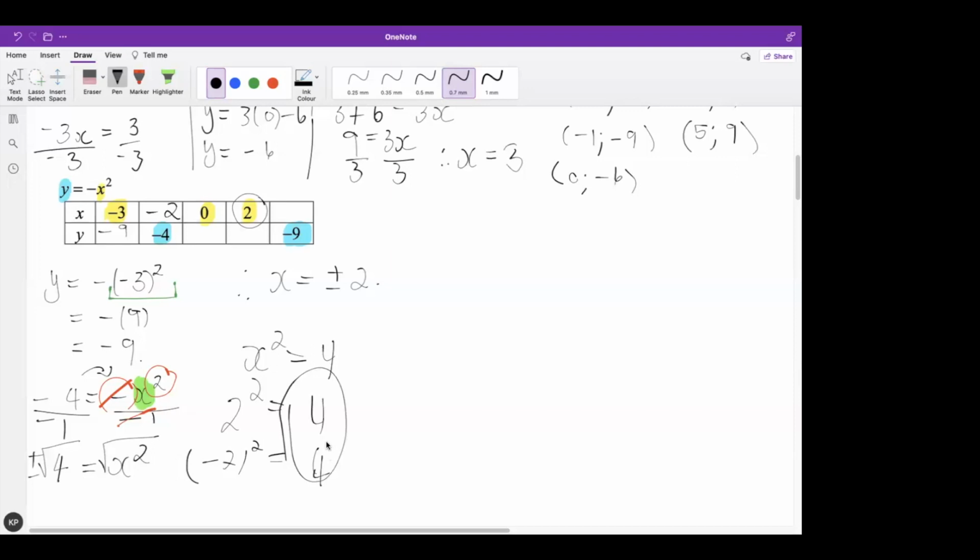So when you introduce a square root into the question, look, the original question did not have a square root, right? We are the ones that are introducing it. Then you have to say this plus or minus. What that means is x equals 2 or x equals negative 2.